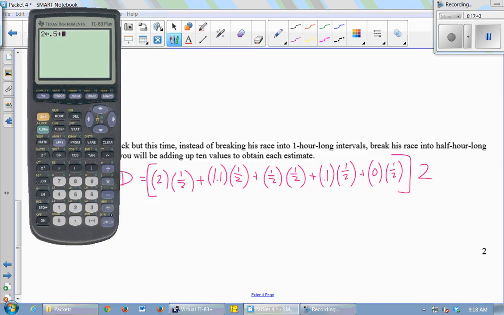Two times a half plus 1.1 times a half plus a half times a half plus 0.1 times a half plus 0. 1.85, and then I got to double it. 3.7.